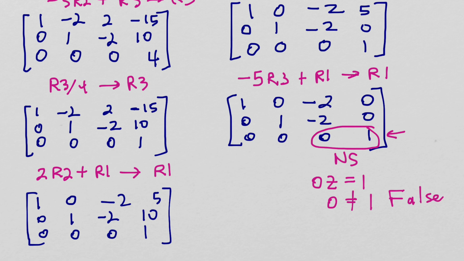So if you get a false situation right there, where I circled, you're going to conclude that there is no solution. And then you're going to stop at that point. And there's nothing further to do. So the matrix is reduced to reduced row echelon form, and we conclude that we have no solution and we're finished.